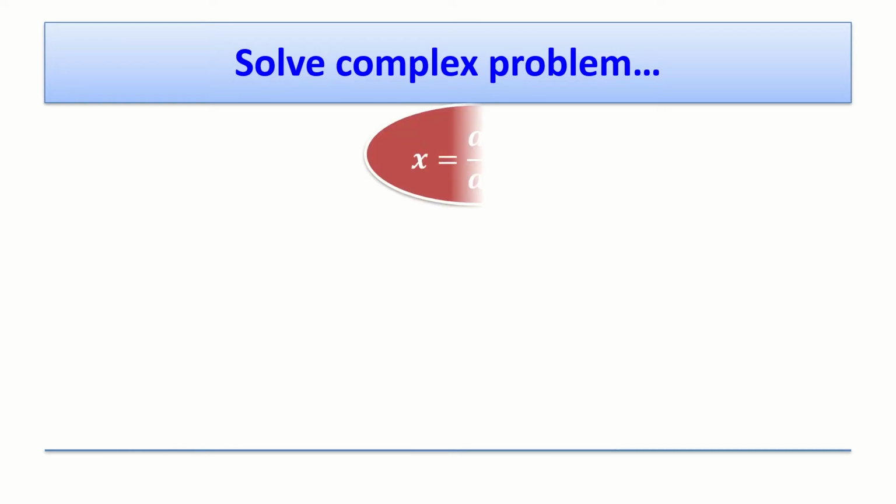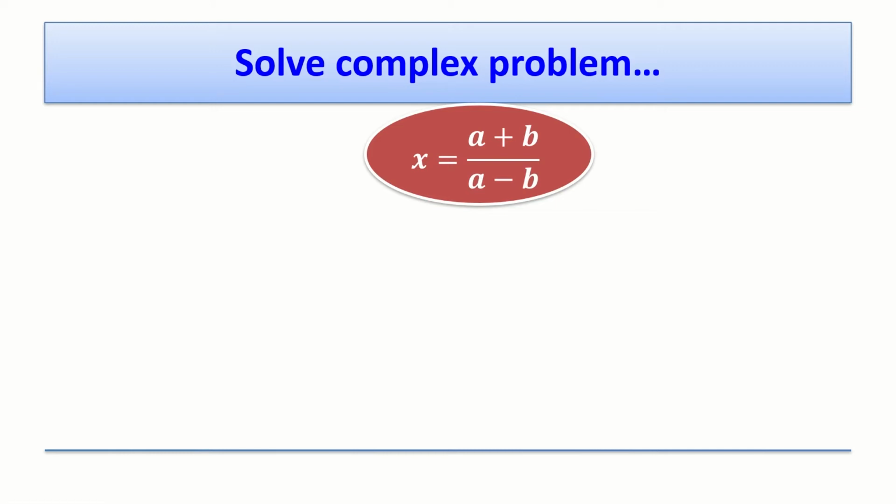All right, so assume this is my question. This is the problem that we have to solve. We have to find a plus b, and then we have to divide that by a minus b, the difference between a and b.